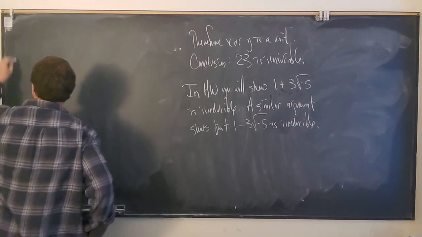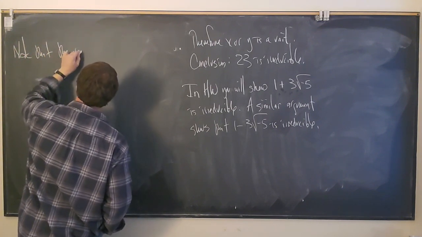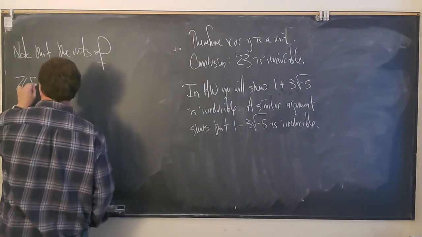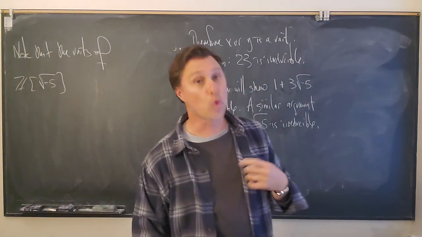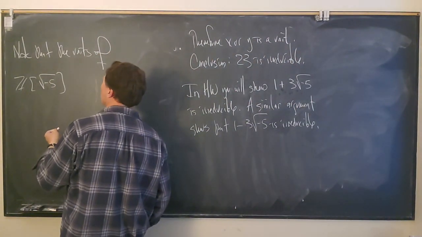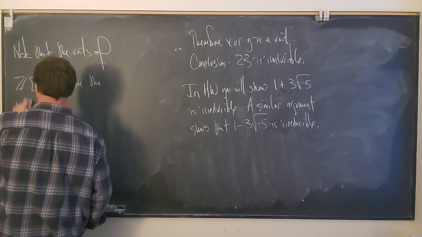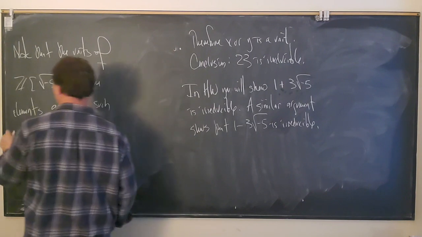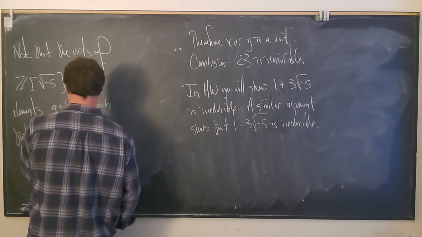Okay, so now we need this observation. Note that the units of Z[√-5] are exactly the elements whose norm is equal to 1. So the units are the elements a plus b square root minus 5 such that a squared plus 5b squared equals 1.